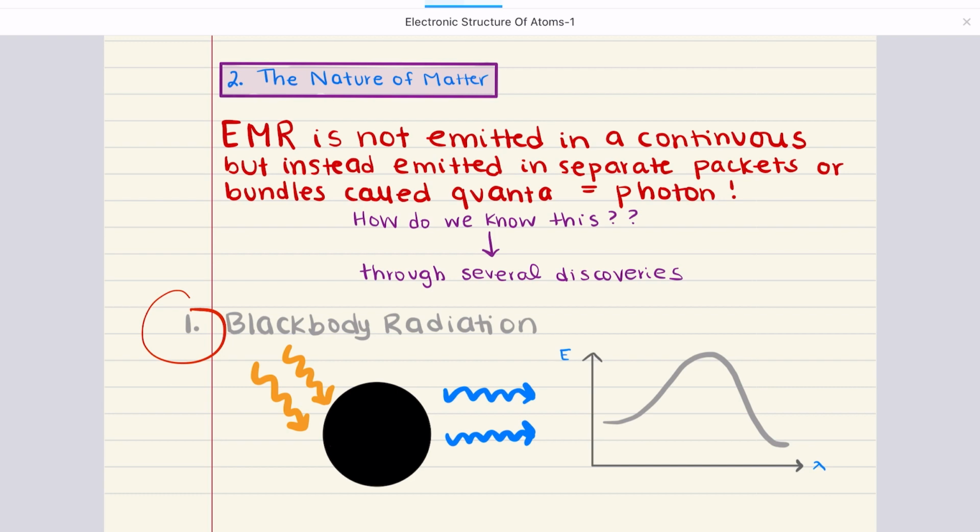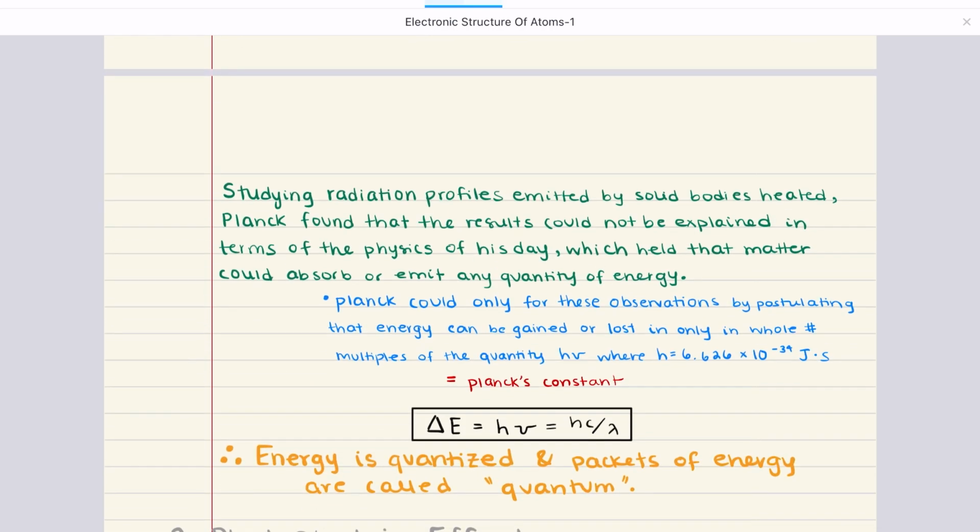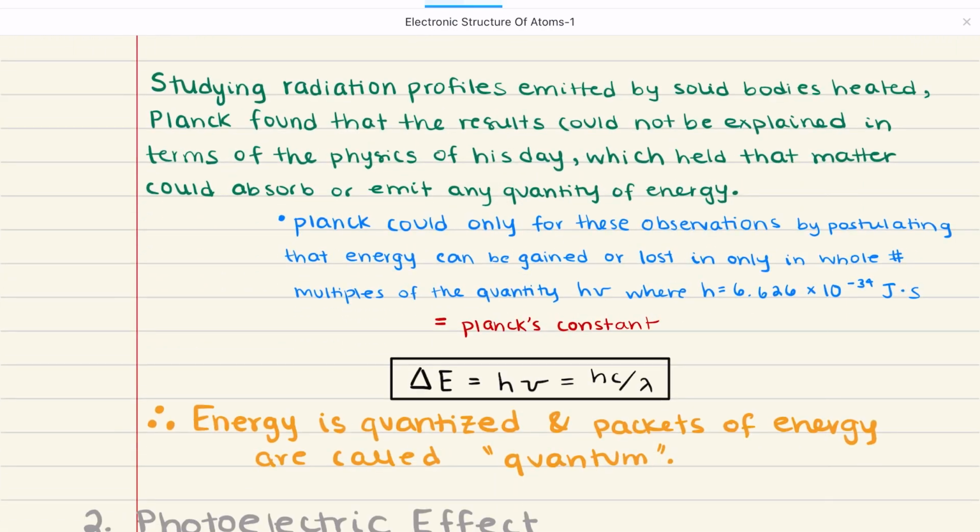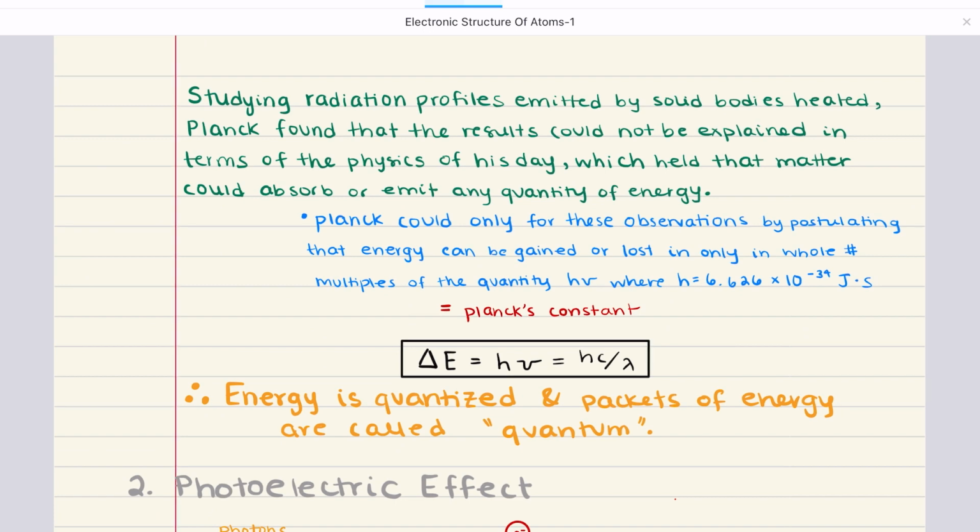To address this inconsistency, Planck proposed that energy could be gained or lost only in discrete whole number multiples of a fundamental unit, which he defined as h nu, where h was Planck's constant and nu was frequency.